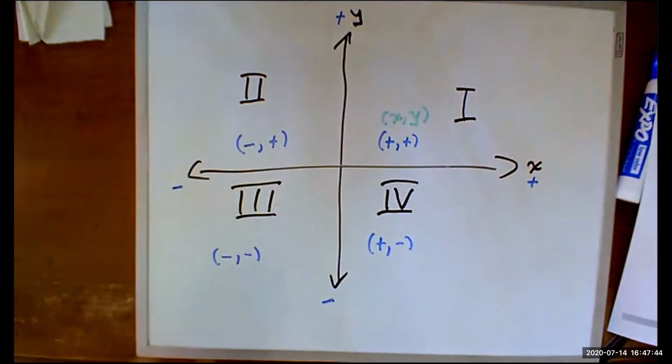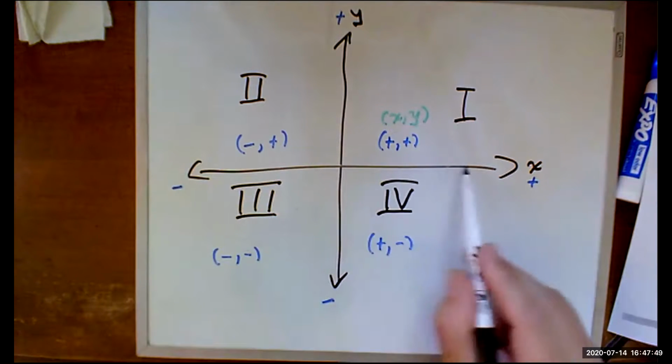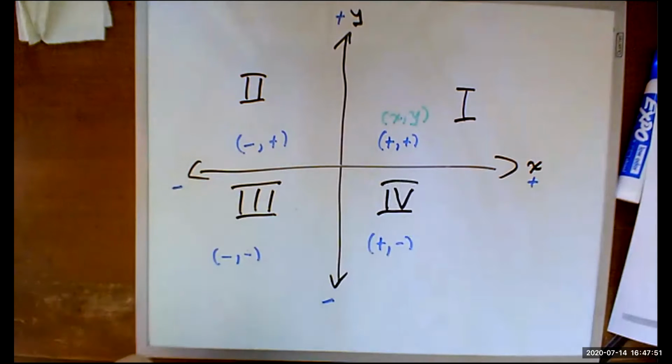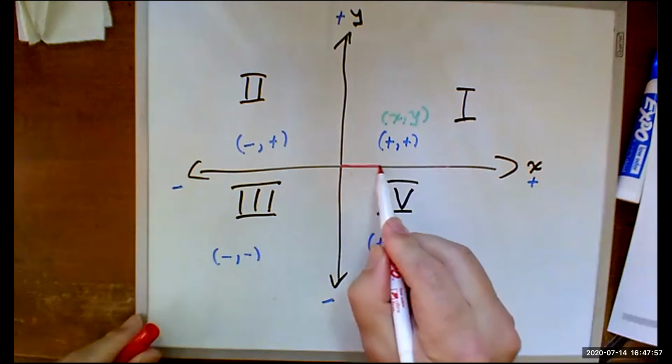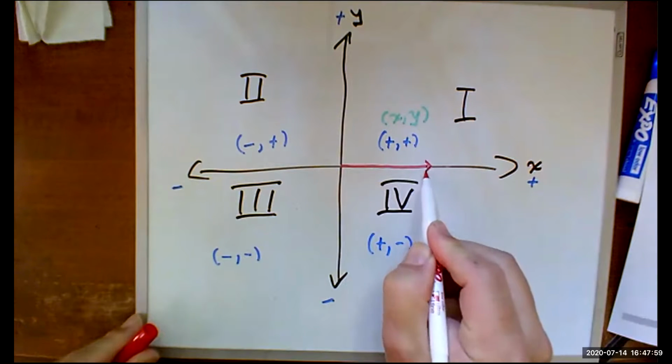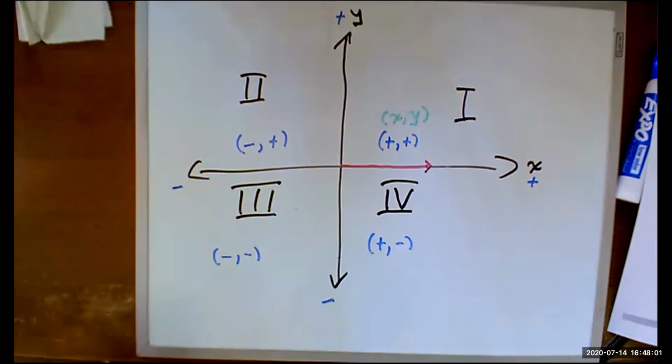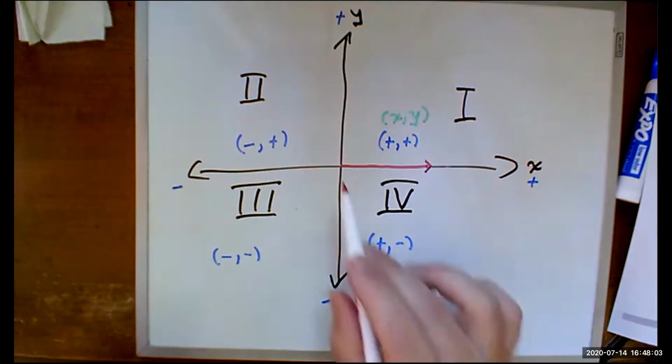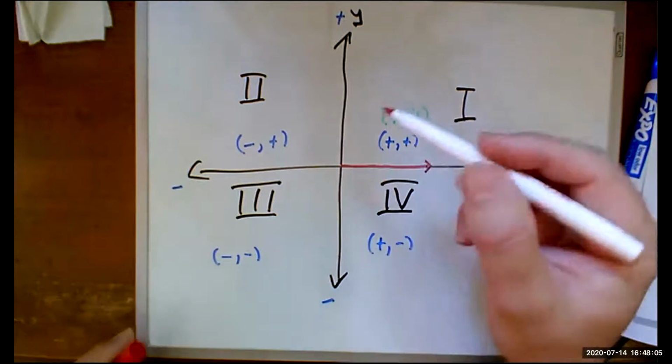Okay? And the same thing happens when we're measuring our angles. We start from the positive x axis. So in this case, what color do I want to use? Let's go with the fourth color. So when we draw this like this, okay, this is the initial arm. It's along the positive x-axis.